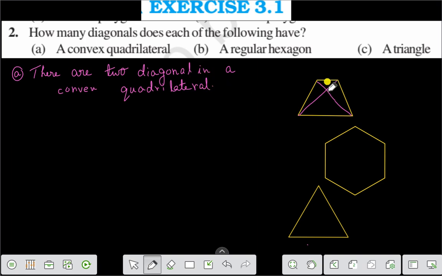Right, here you see there are two diagonals in a convex quadrilateral, and find in question B.